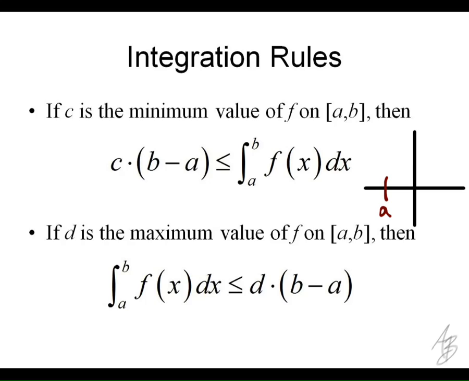So there's a, there's b, we have a function. So if c is the minimum value here, then this integral right here of the whole function from a to b is going to be less than the area of this rectangle right here. Or I'm sorry, greater than.